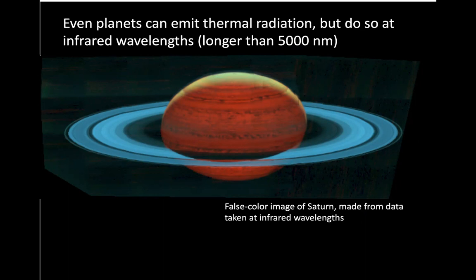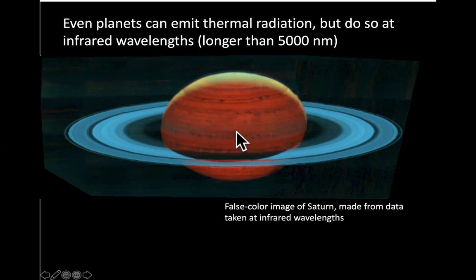This is an image created from an infrared camera that was on board the Cassini spacecraft. Now, we can't see in the infrared, so I have to turn this into visible. The red radiation you're seeing here is actually on the dark side. You can see the lit side of the planet up here. This dark side is glowing, and it's glowing at a wavelength of 5,000 nanometers.